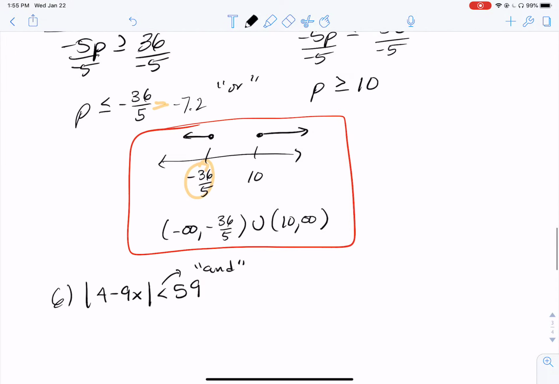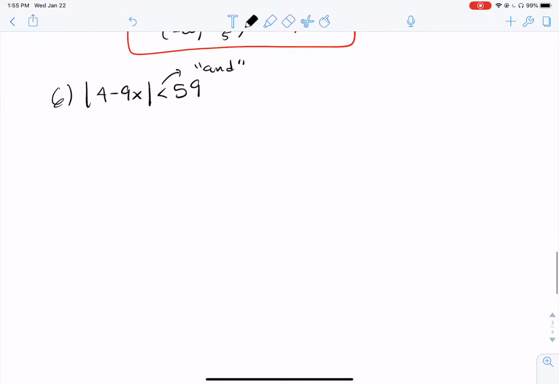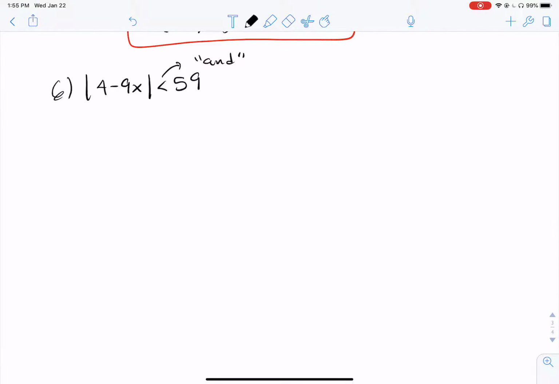Again, make sure that you know the difference between the AND and the OR compound inequalities. So we're going to create an AND compound inequality here. So we're going to start by getting 4 minus 9x is less than 59, and 4 minus 9x would be greater than negative 59.